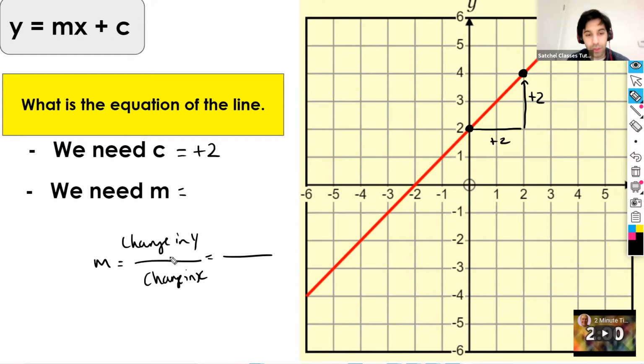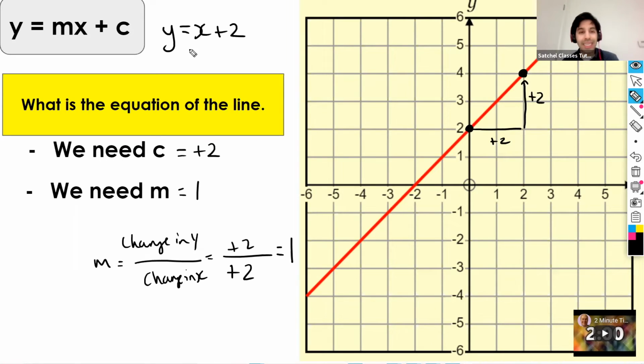So the change in y is +2. The change in x is also +2. Therefore, my gradient is going to be 2 divided by 2, which is 1. So m is equal to 1. So the equation of my line is going to be y equals 1x, or just x plus 2.